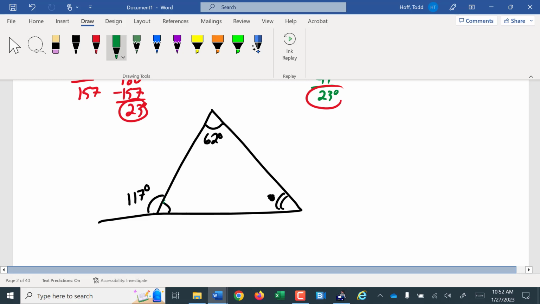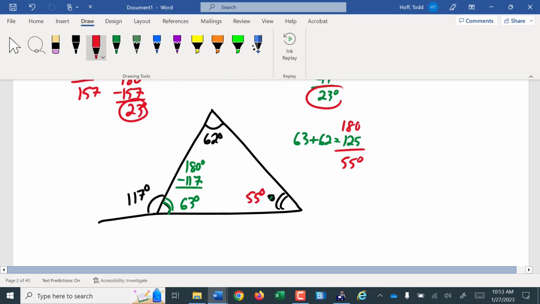How do I find this angle here? 180 minus 170. Perfect. Which gives us 63. Then to find this one, 63 plus 62 is 125. 180 minus that is 55 degrees. Not so bad.